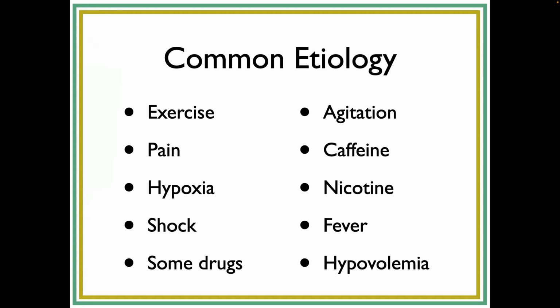And maybe they just stopped running, okay? But you should have in your head a list of these so you can say, have they just taken cocaine? Or maybe they're going into shock, or maybe they're dehydrated. Maybe they're elderly and in a care home where they're not getting sufficient fluid. Maybe they have a fever.